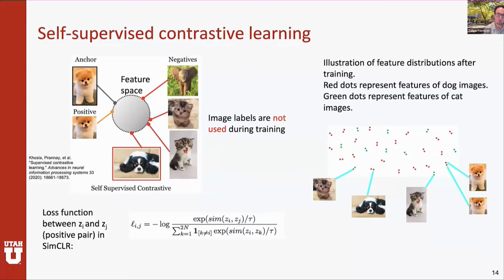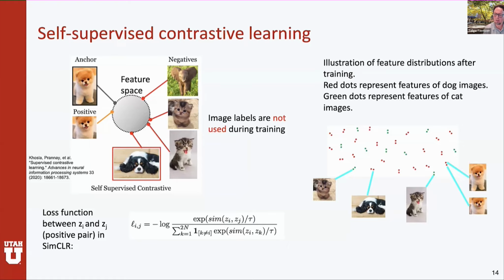Then I sample, maybe randomly, some other images, which I call negatives. And what I want to do is use a loss function that forces the model to map the positive pairs close together in the embedding space and the negative pairs far away in the embedding space, right? So this is the bottom line usually.